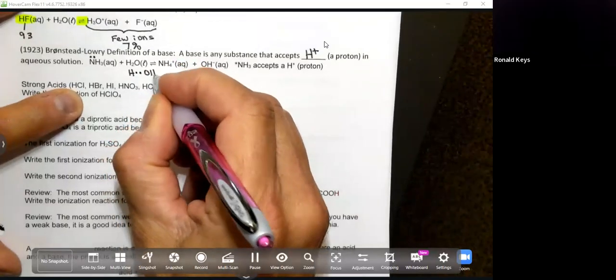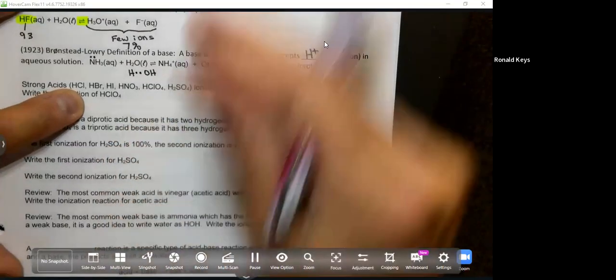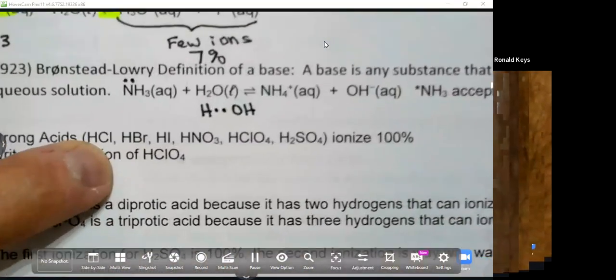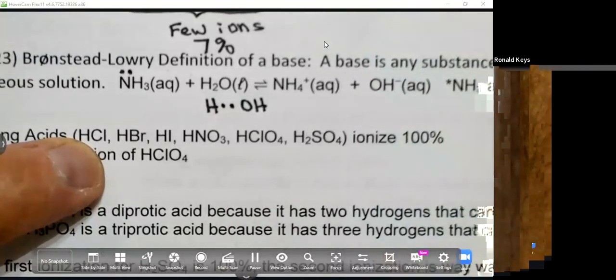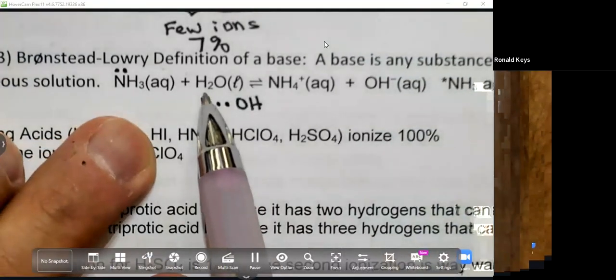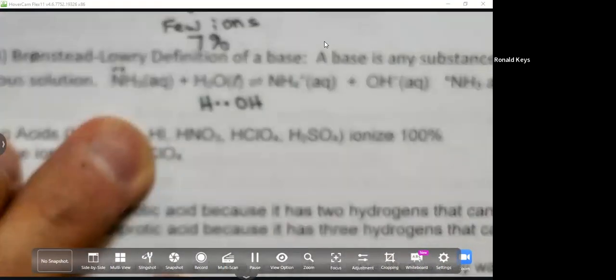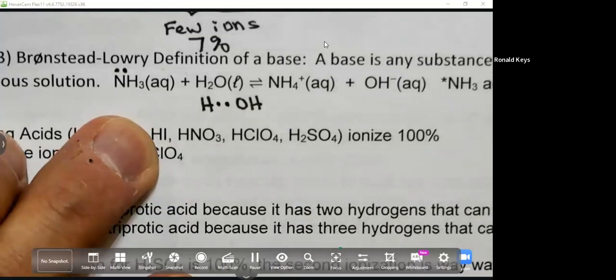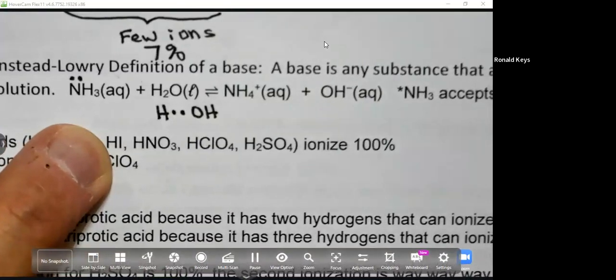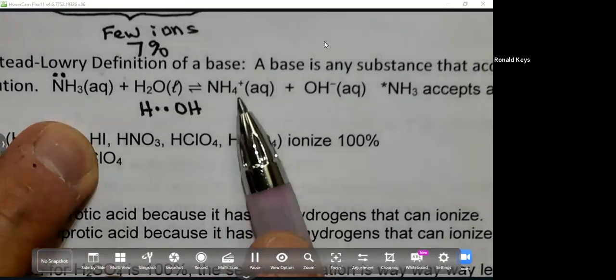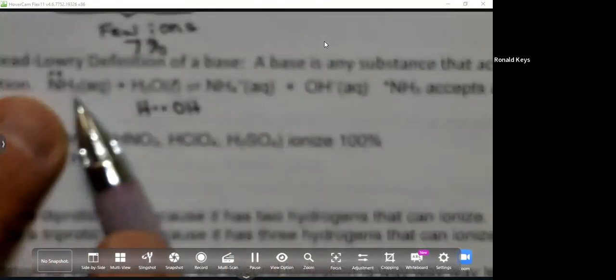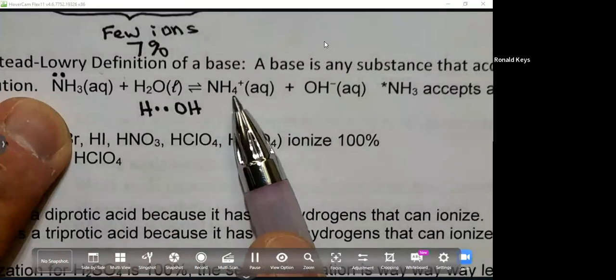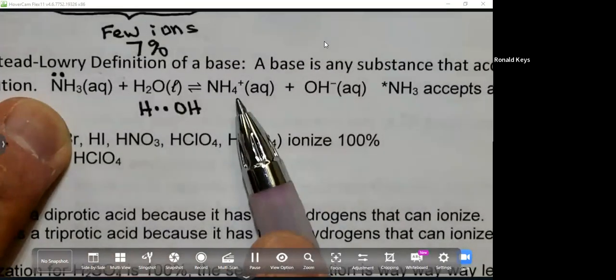Think of it as HOH, hydrogen hydroxide. Let me zoom in, sorry. Water as HOH instead of H2O. And just look what happens from one side to the other. Instead of NH3, we get NH4 with a plus.